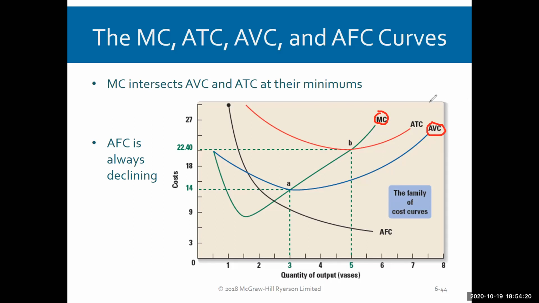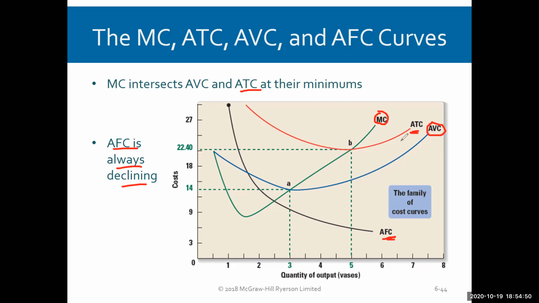So the other ones that are new, we just calculated: average total cost and average fixed cost. So the first observation I'd like to make is that as quantity keeps increasing, average fixed cost is always going to be declining, because we're just taking the same fixed cost number and dividing by more and more quantity. So average fixed cost will look just like that, constantly declining.